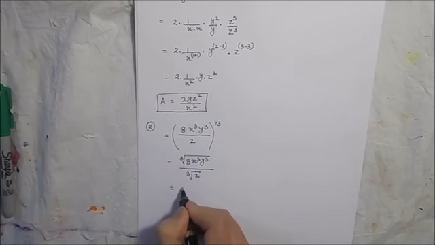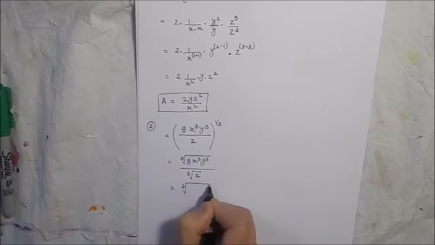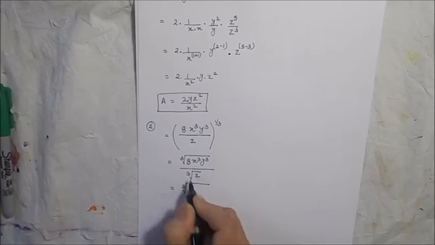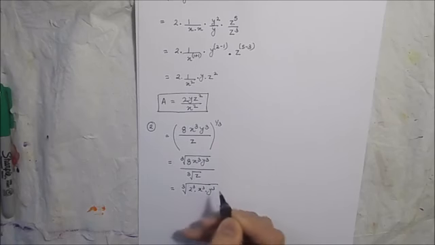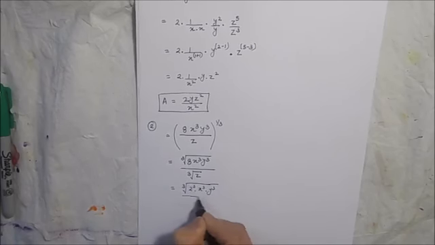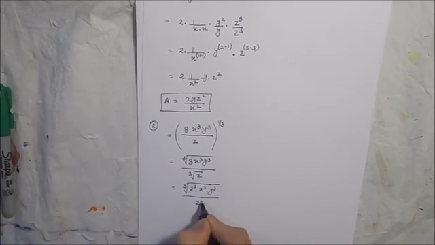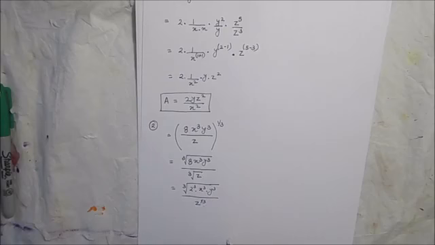So here we can write cube root. So this 8 will become 2 cube times x cube times y cube, whole cube root divided by z to the power 1 over 3.